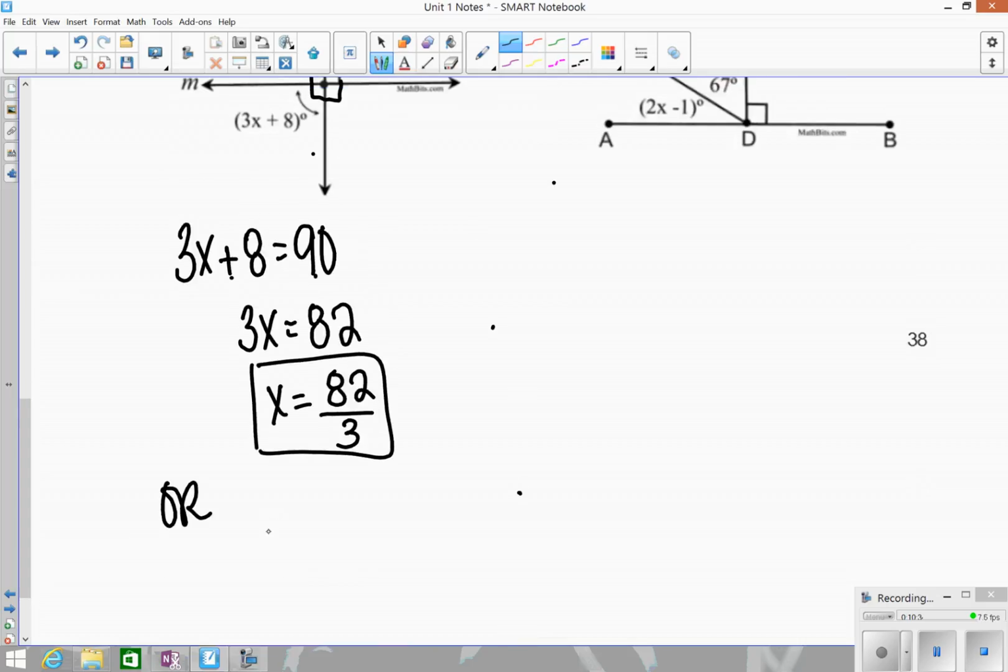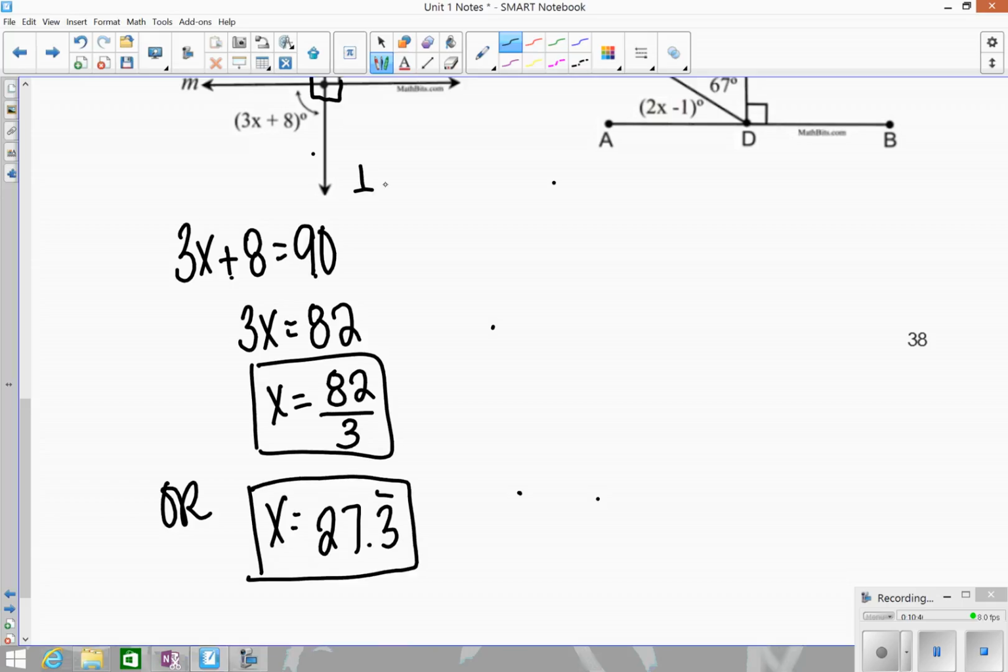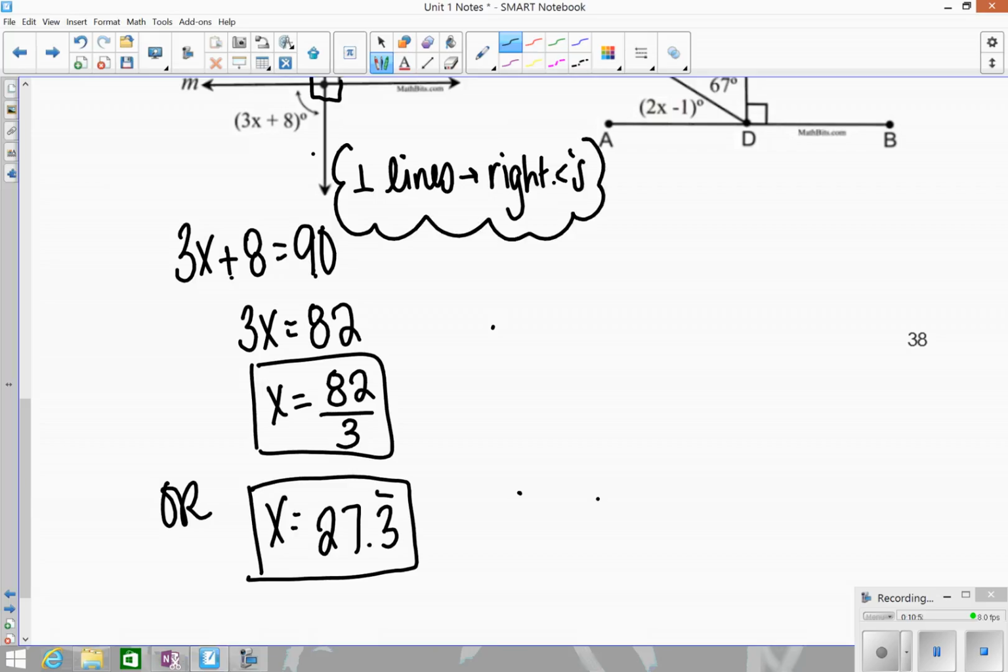And that's going to be x equals 27.3 repeating. And remember, to get the decimal, you hit Control Enter, and that'll give you the decimal. Now, my reason for this would just be to say perpendicular lines imply right angles. So since I have perpendicular lines, it means I have a right angle, which means I can set it equal to 90.